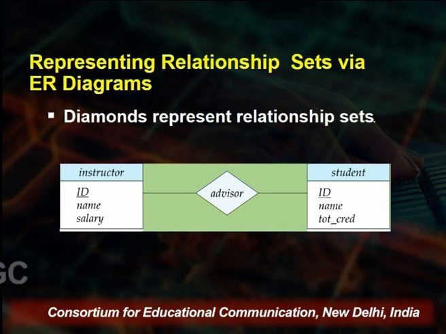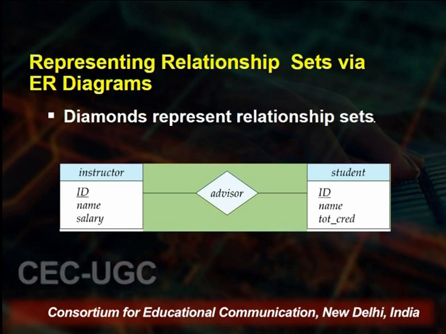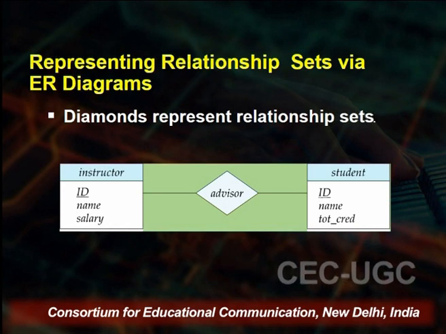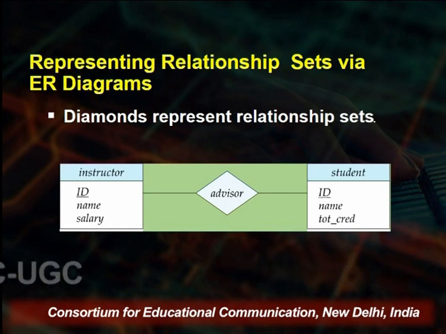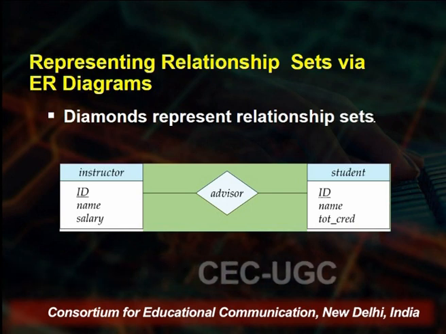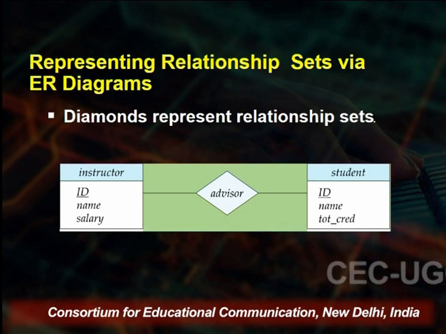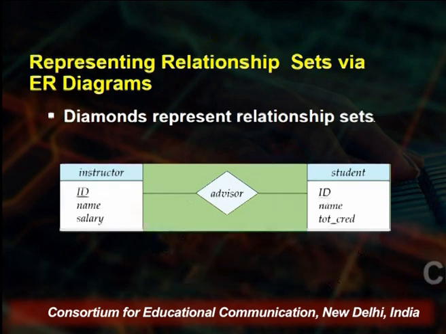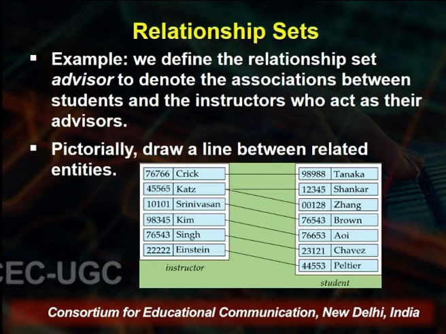So, by this figure we can infer that there are two entities, instructor and student, and there is one relationship between them, and that relationship is advisor. The instructor is an advisor to a particular student, and which student has which advisor can be taken from here, but this is for our own understanding only.